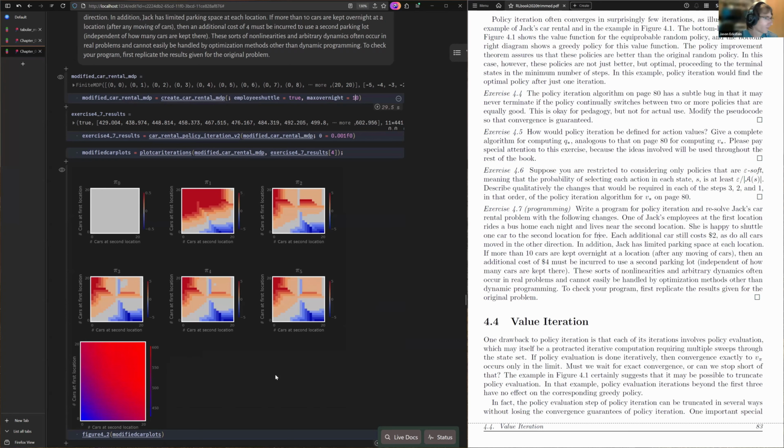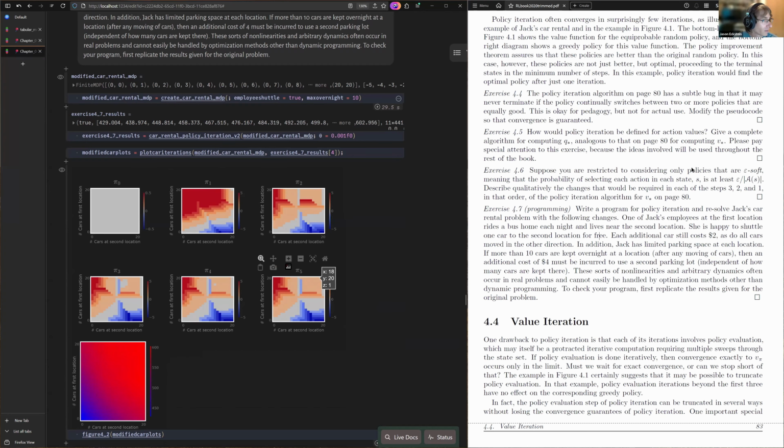And that's mostly because if we're in this situation where we have 20 cars at each location, remember that we now have to incur this extra cost of $4 to store them overnight. So it changes the values, how much money we expect to earn in the long run, but it also changes the policy substantially.